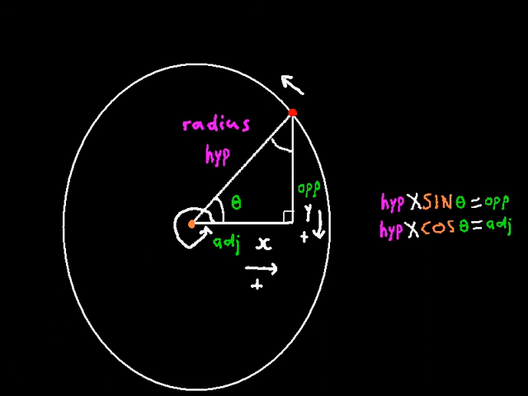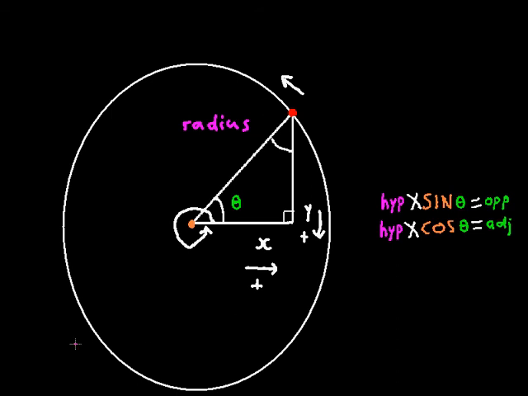If we call that radius, and we call our adjacent x, and our opposite y, we simply get the radius times sine theta equals y, and the radius times cos theta equals x.